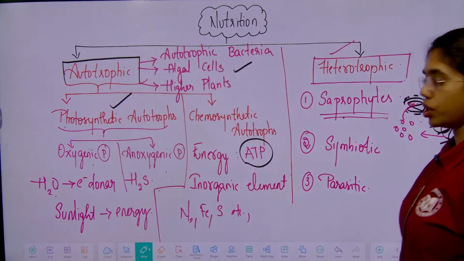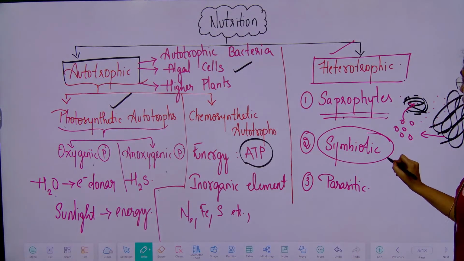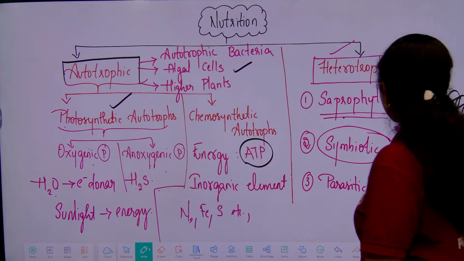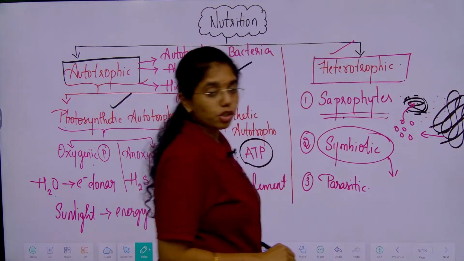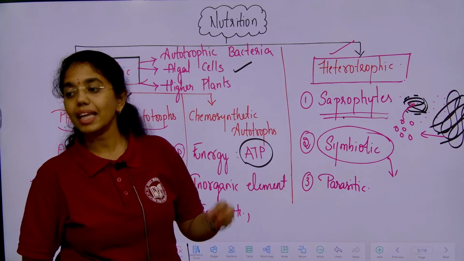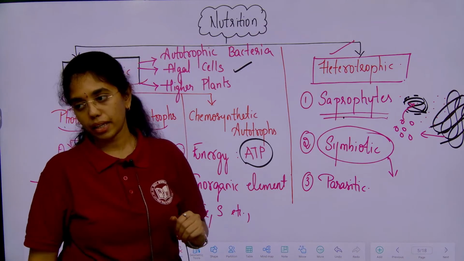decomposers. Symbiotic mode of nutrition, where the organisms which are involved in symbiotic association will be benefited in the dual ends. Best example I can give you is Rhizobium bacteria, Rhizobium leguminosarum. It will help in nitrogen fixation in the legume roots, whereas legume roots will provide shelter to the bacteria.